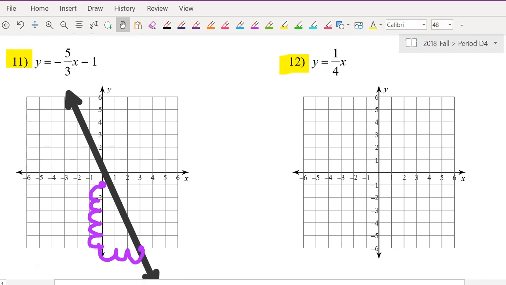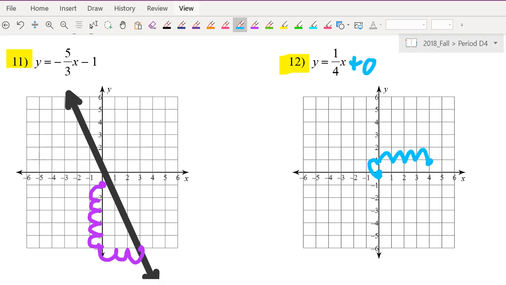Alright. Who wants to try this one? Yes? So there's no y-intercept, so you start right at 0? Well, there is a y-intercept. The y-intercept is 0. Good. Then what do we do? You go up 1 and right 4.